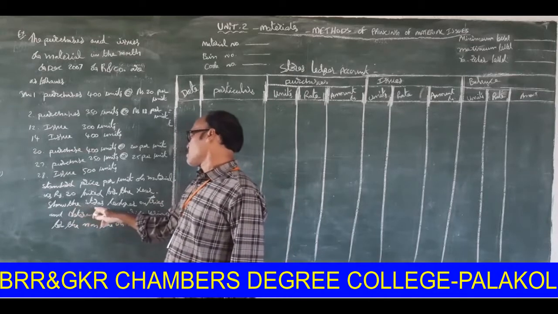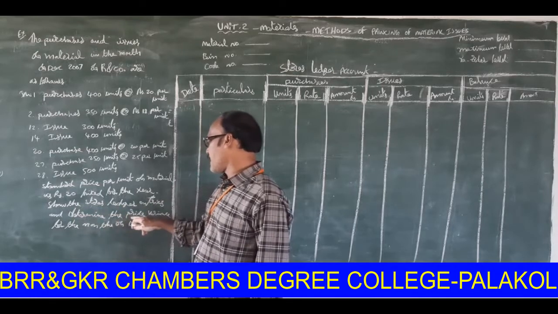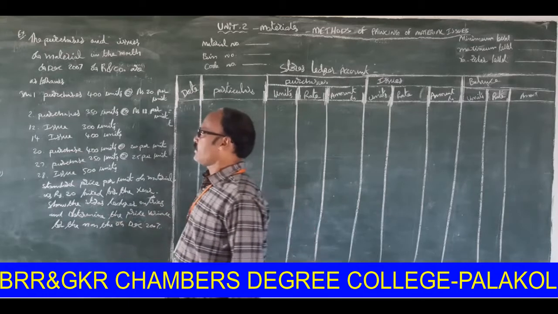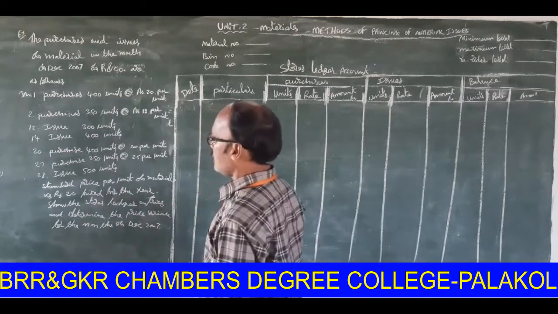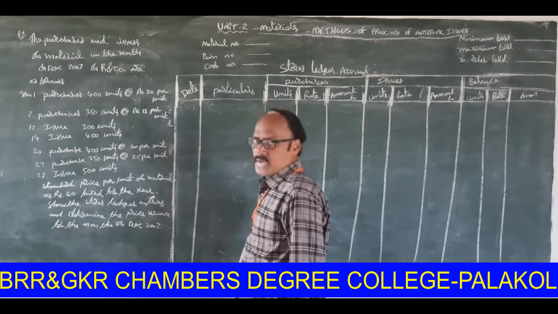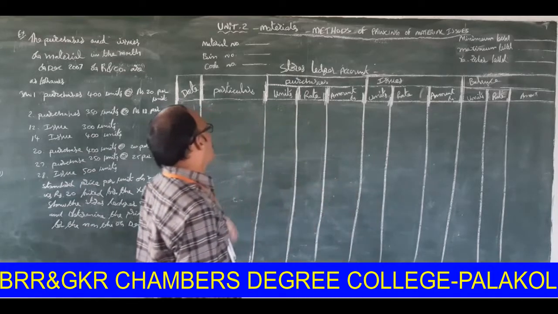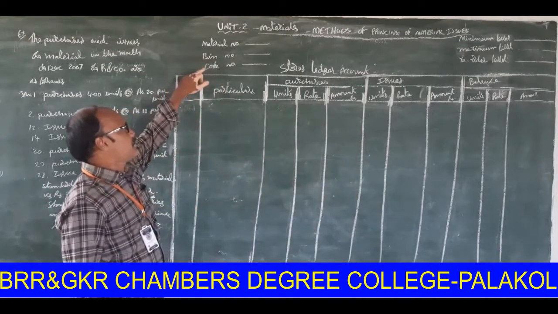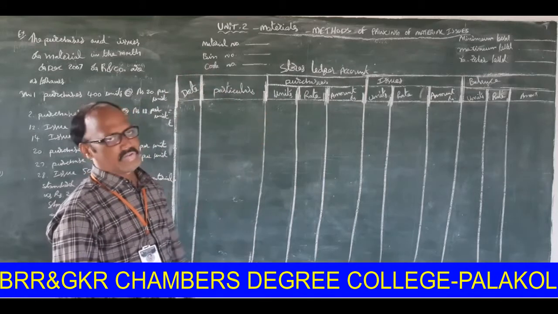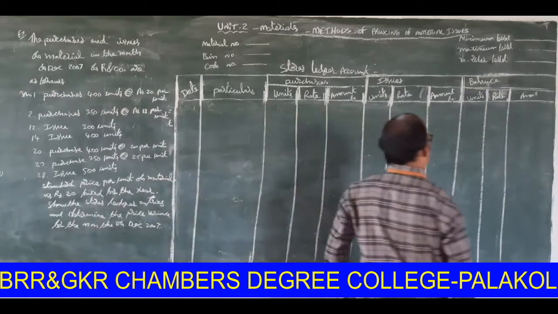This is a standard price model. Same proforma: materials, bin number, code number, store's ledger account, maximum level, minimum level, pre-order level. Store's ledger account in standard price method.